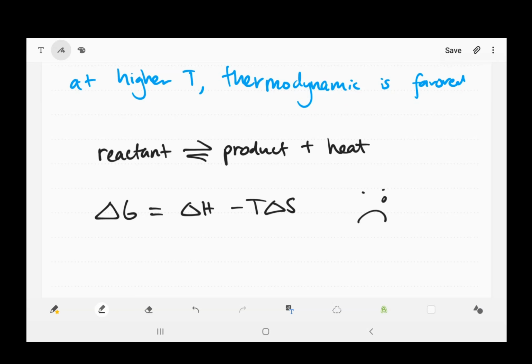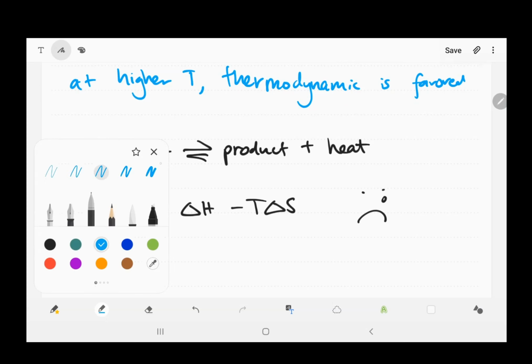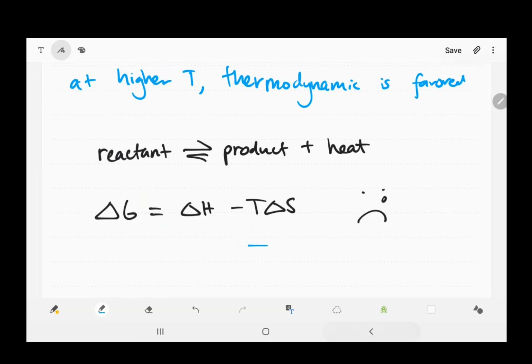And we're going to see later on why this is the case. But remember here, we're going to be dealing with temperature effects with these, and with enthalpy effects, right? And entropy. Remember, we want negative delta G overall.